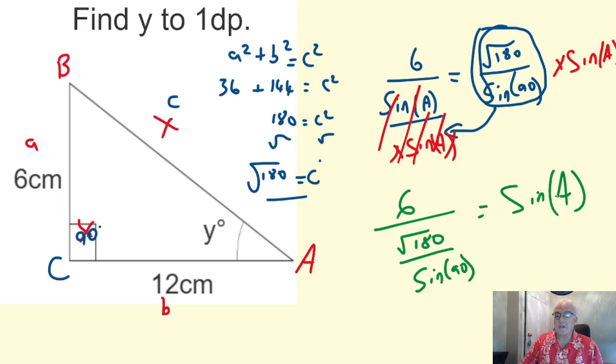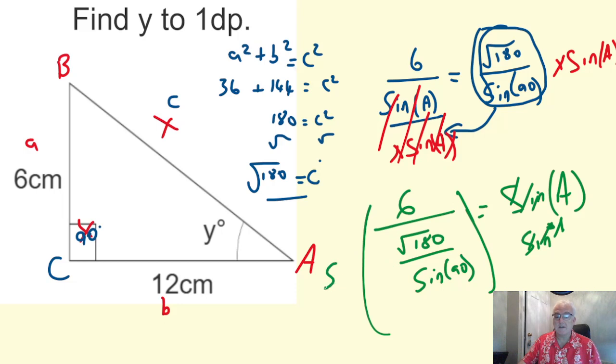If I want A on its own, what I'm going to do is the inversion of the sine. So if I do sin to the -1, that will cancel that and just give me my angle. So I'm going to do the whole of that to the sin -1.